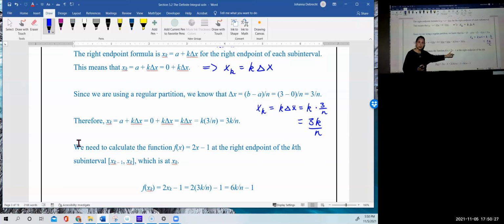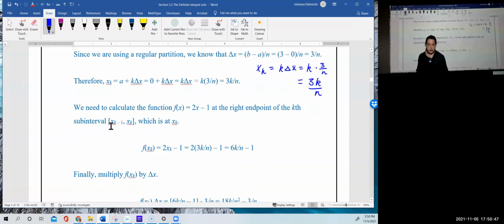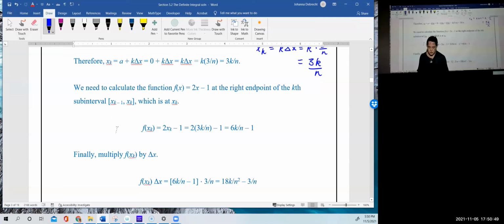Our function, the integrand, was 2x minus 1. So we take our x sub k, which is 3k over n, and we substitute it for x in the formula for the integrand. This gives us 6k over n minus 1. This gives us our f of x sub k star, or our special one.